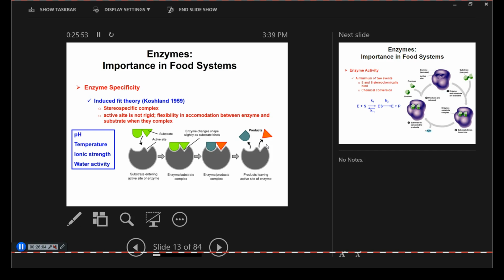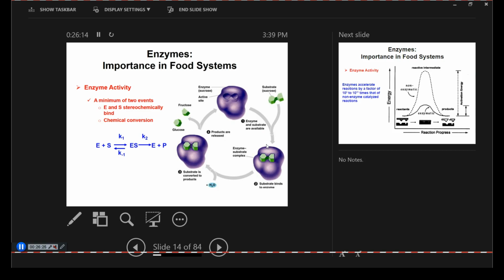Not stereotypically, stereospecifically. So that's why we have optimum pH, optimum temperature, optimum ionic strength, and the water is very important, the presence of water and the water activity. Okay.